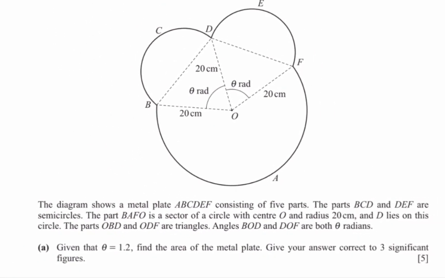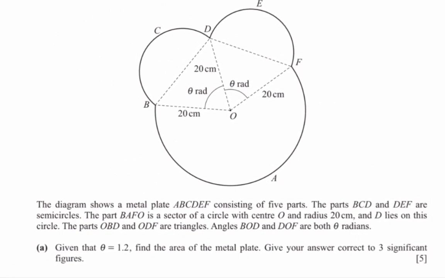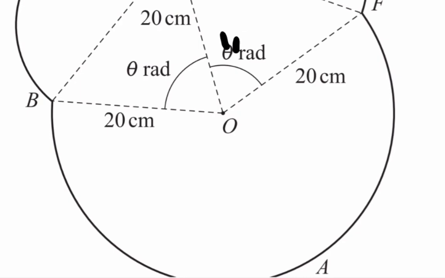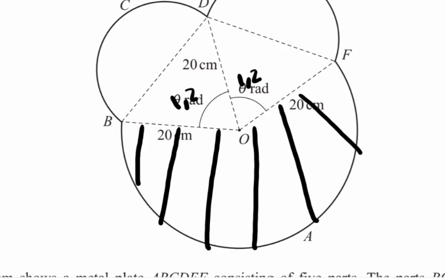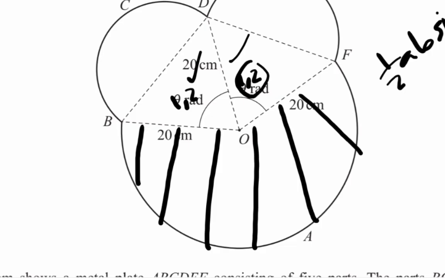So we're given this funny looking diagram here, and we're asked to calculate the area. And we're also told that this theta is 1.2 radians. So what we're going to do here is to first get the area of this sector. Then we get the areas of these two triangles. I'm sure you can use half ab sine theta to get those two using this angle and the two sides making the angle.